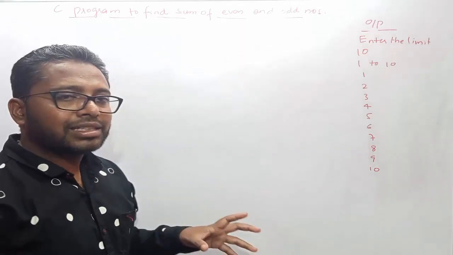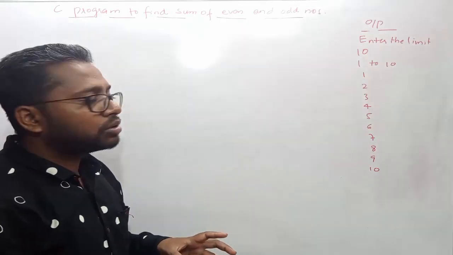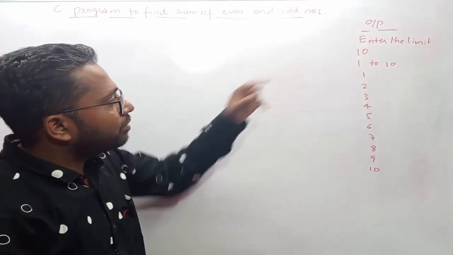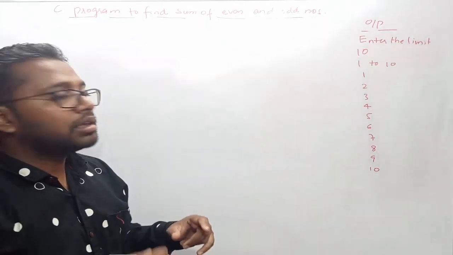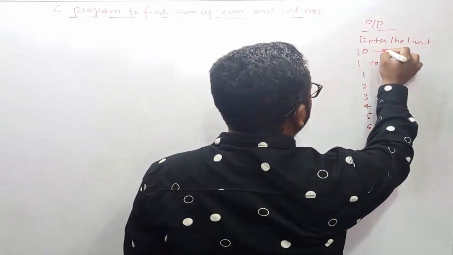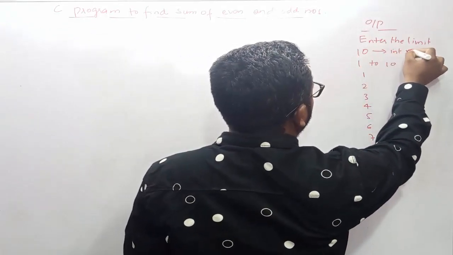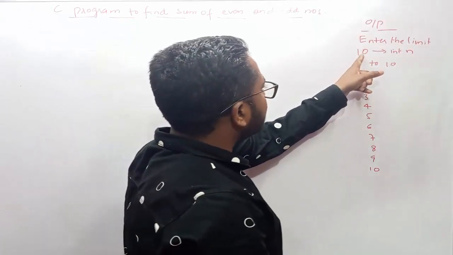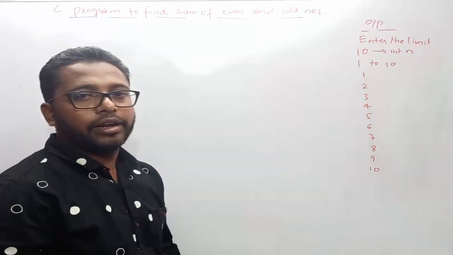Just by looking at this output, how many variables do you think we should declare? Since I'm expecting the limit value from the user, I should declare an integer variable n, to store the value of 10 in this variable n.